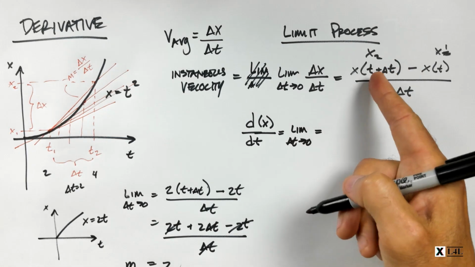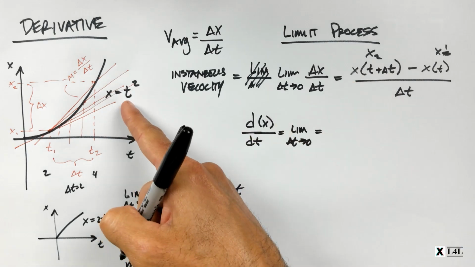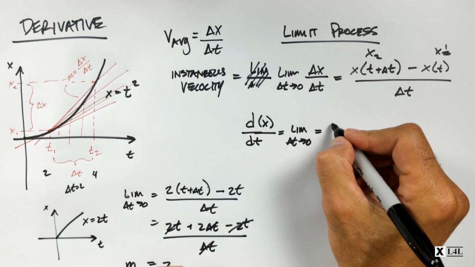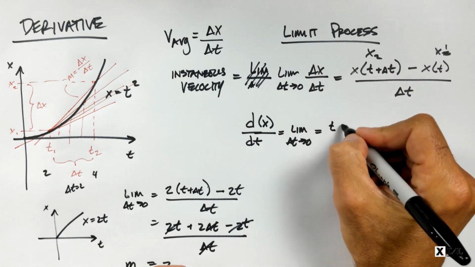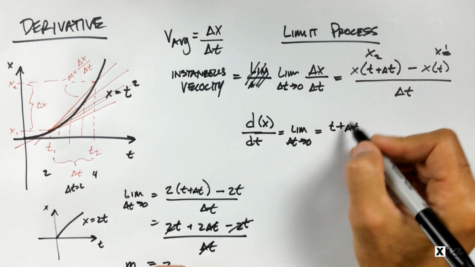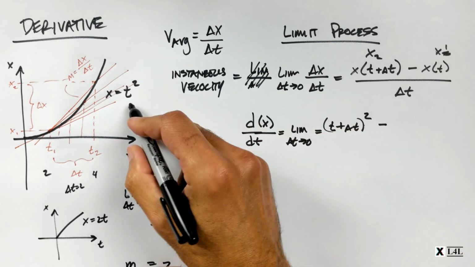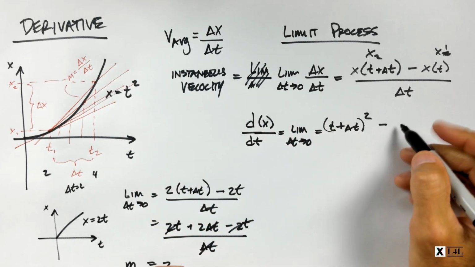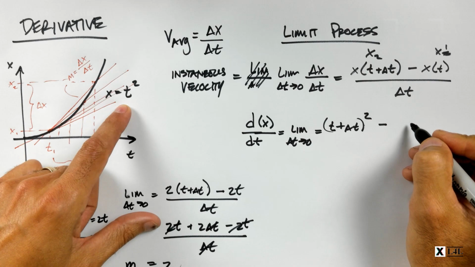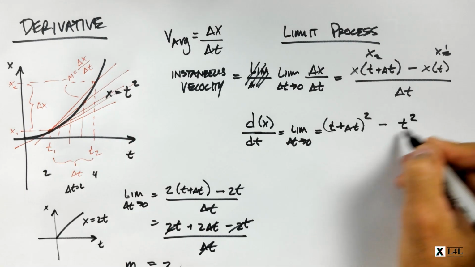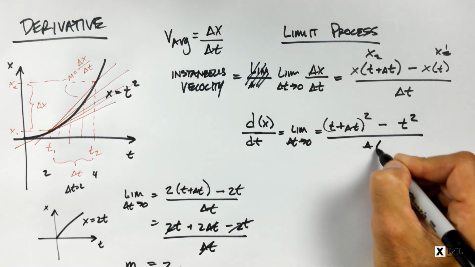Again, we're going to now take and look at our function t squared. So we're actually going to say, well, t plus delta t squared minus the original function with respect to time, which is t squared, all over delta t.